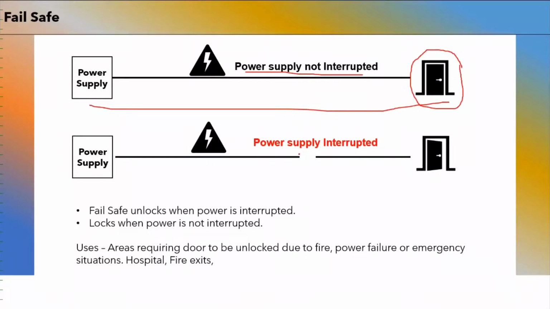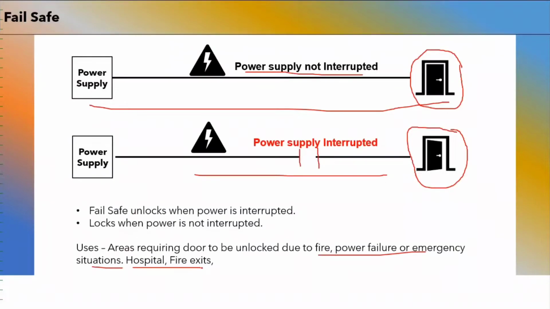But if there is any emergency situation, such as a fire or any power disruption, then the gate automatically gets unlocked if it is in fail-safe mode. These kinds of locks are usually used in areas which require the door to be unlocked during fire, power failure, or emergency situations, such as hospitals and fire exits.